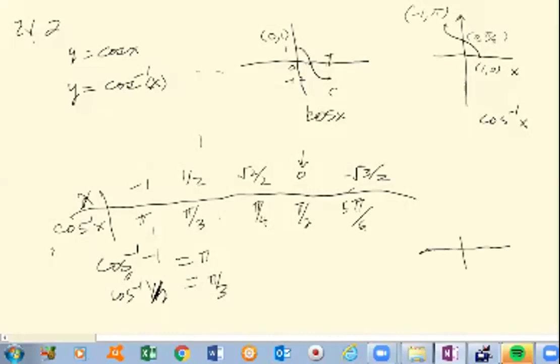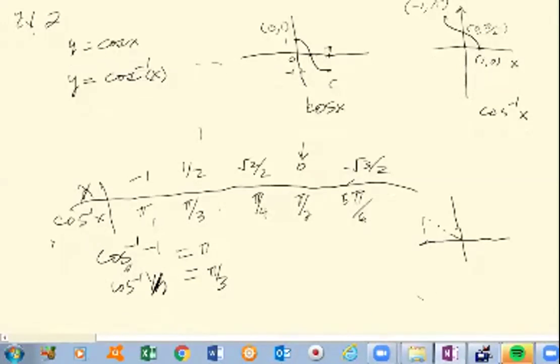If you were working on the unit circle, you would see a triangle that looks like so, which would give us our root 3 and the 1 and the 2.